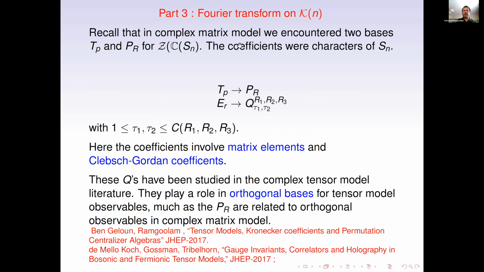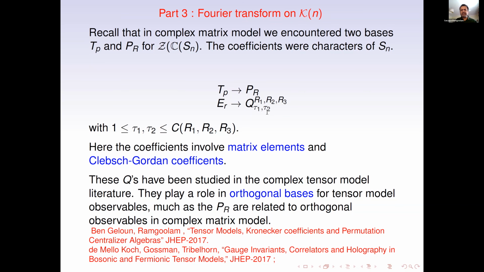As we recall, in the complex matrix model, we encountered two bases for the center of the group algebra. One was labeled by conjugacy classes, one by Young diagrams, and the coefficients in the transformation were just characters of Sn. Now there are elements of K of n, the algebra I described shortly before, which are labeled by ribbon graphs, essentially.